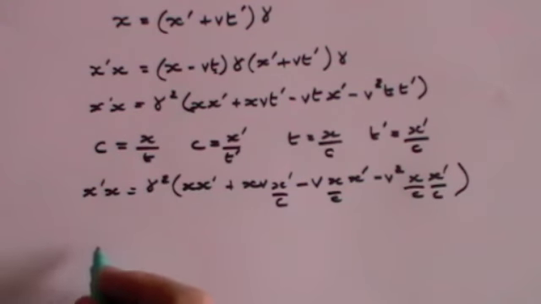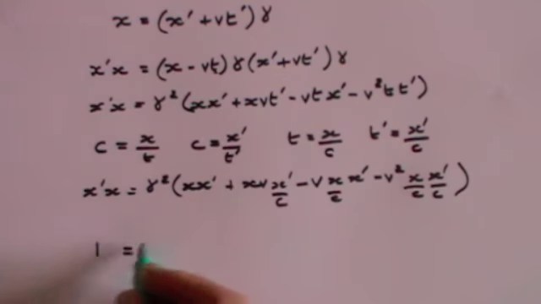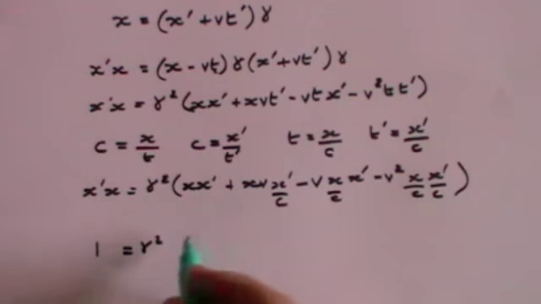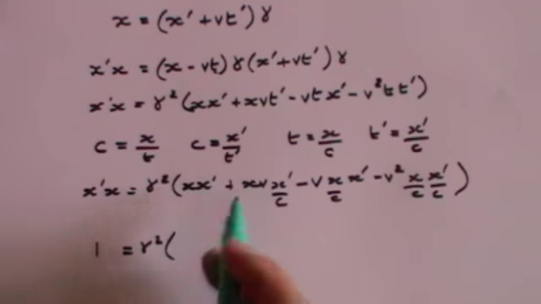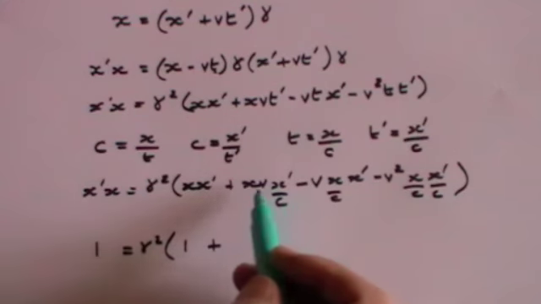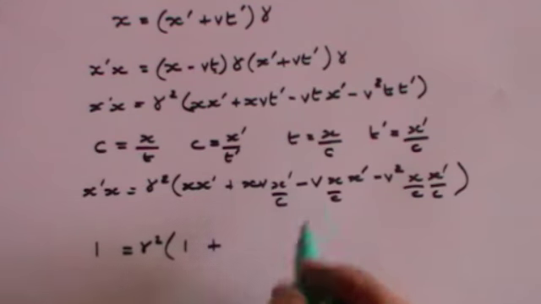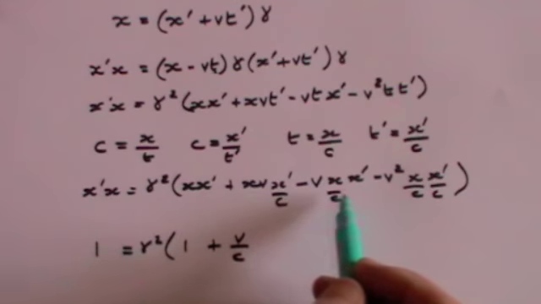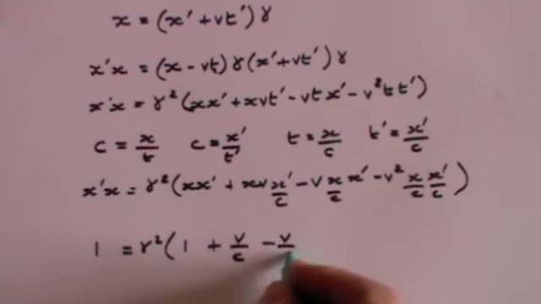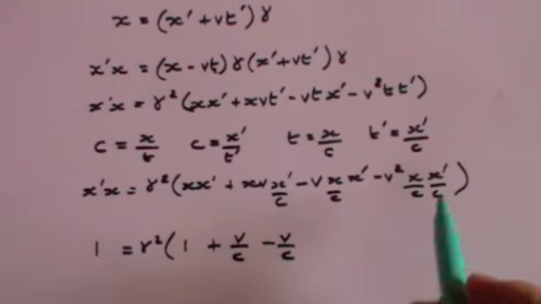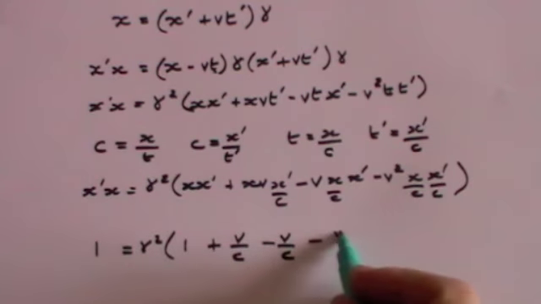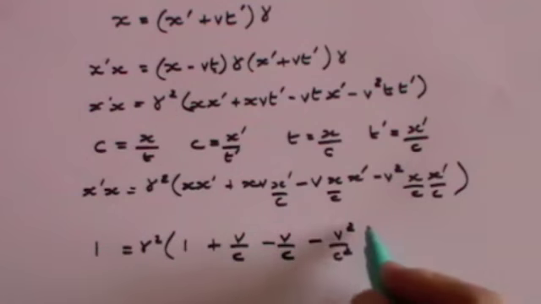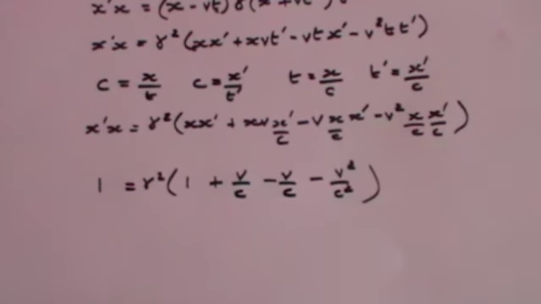If I divide this by x prime, I get 1 equals gamma squared, because that remains the same, into. This becomes 1 plus, if you divide that term by x prime, you get v over c. If you divide that term by x prime, you get minus v over c. And if you divide this term by x prime, you get minus v squared over c squared. And now you'll see that these two terms cancel.